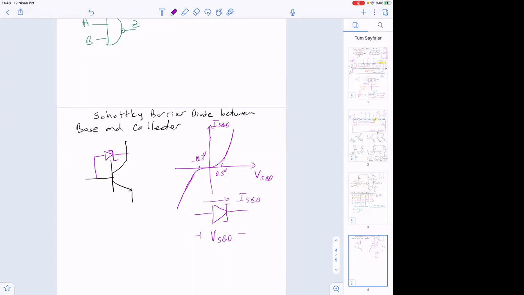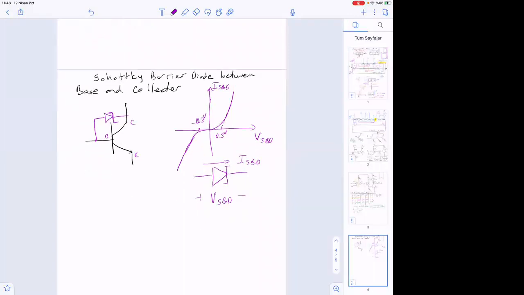Okay. So this is our BJT transistor, and between collector, base, and emitter, you have this coming in parallel.